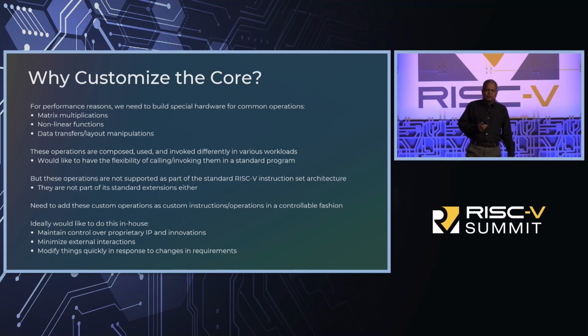So now, why customize the core? There are several reasons why we want to customize this core for our specific application. We have been talking about domain. For performance reasons, we need to build special hardware for common operations like matrix multiplications, realizing nonlinear functions, and data transfer layout manipulations.